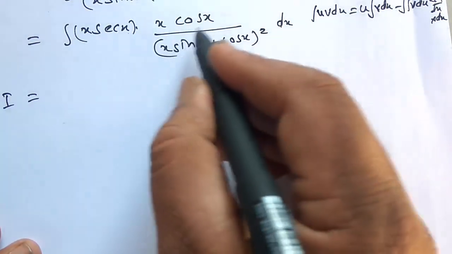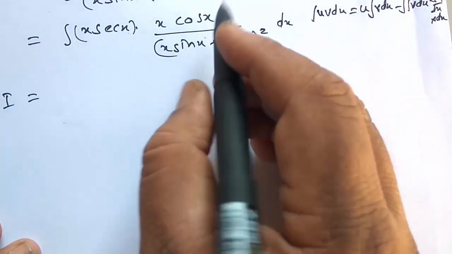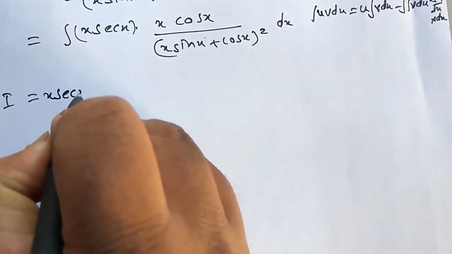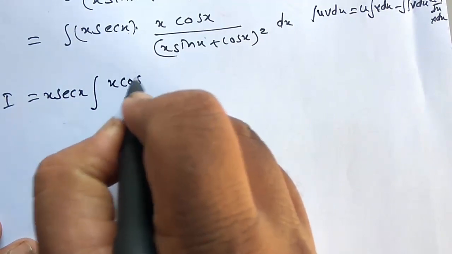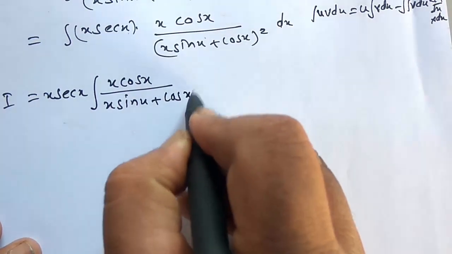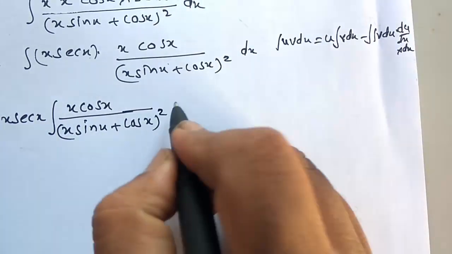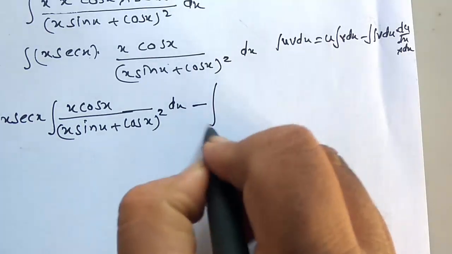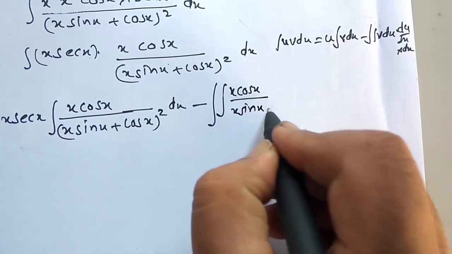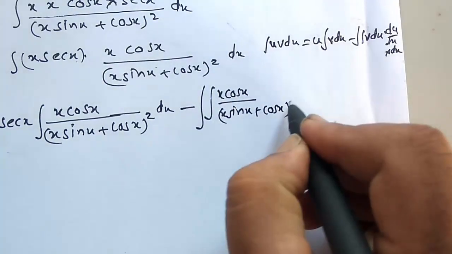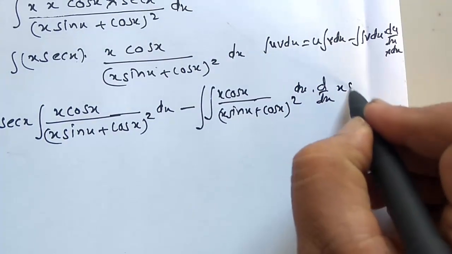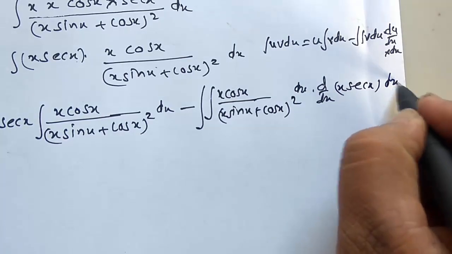taking this as the first function and this as the second function, we can find the integration of this easily. So x sec x into the integration of x cos x upon (x sin x plus cos x) whole square dx, minus the integration of x cos x upon (x sin x plus cos x) whole square dx into the derivative of x sec x dx.